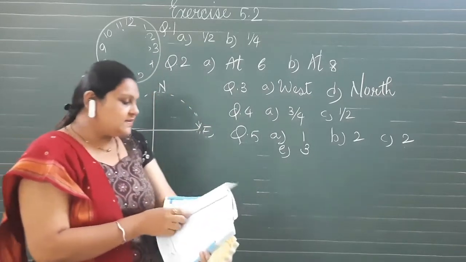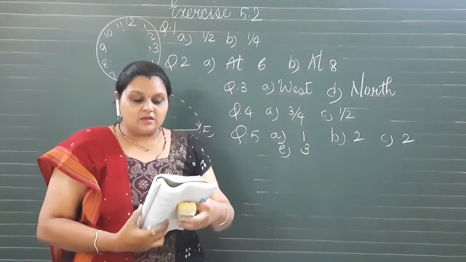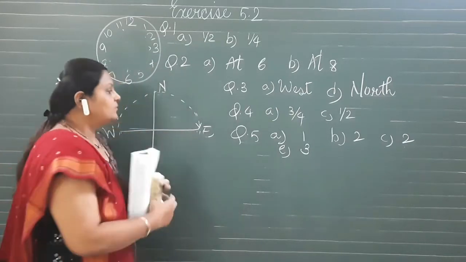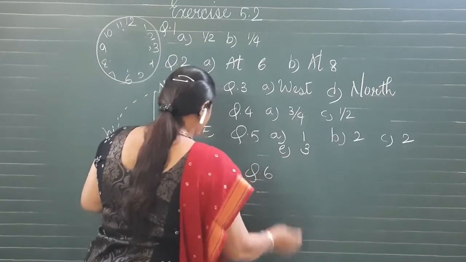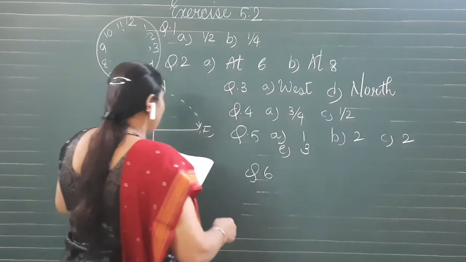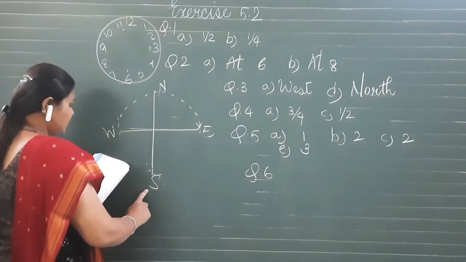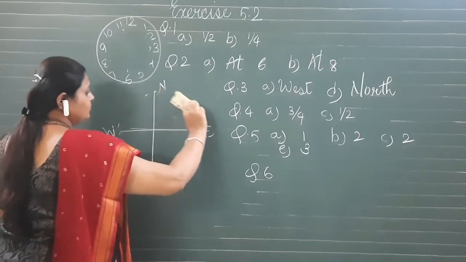Now let us see question number 6. How many right angles do you make if you start facing? Here we are at south and turning to west. So how many right angles will we see?